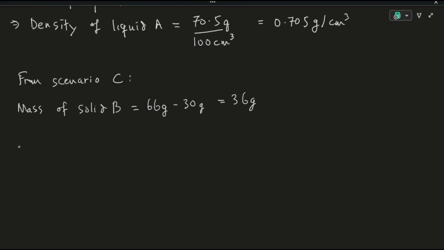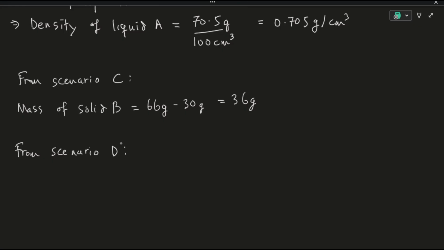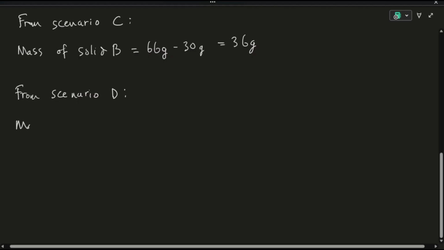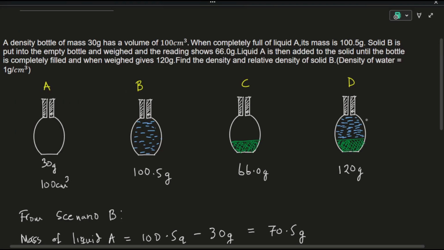Now from scenario D, the mass of liquid A added is given by 120 grams minus 66 grams. That will give us the mass of liquid A added over here.